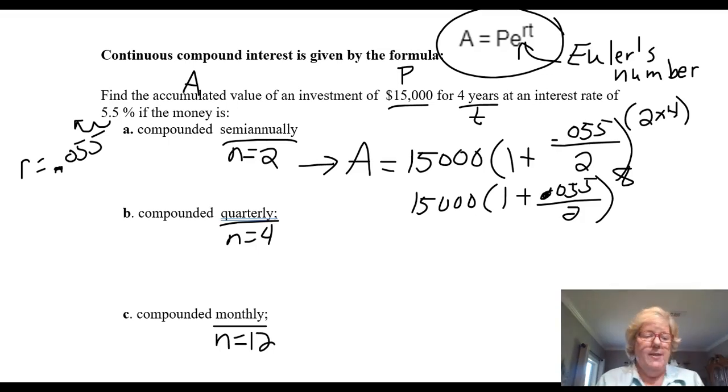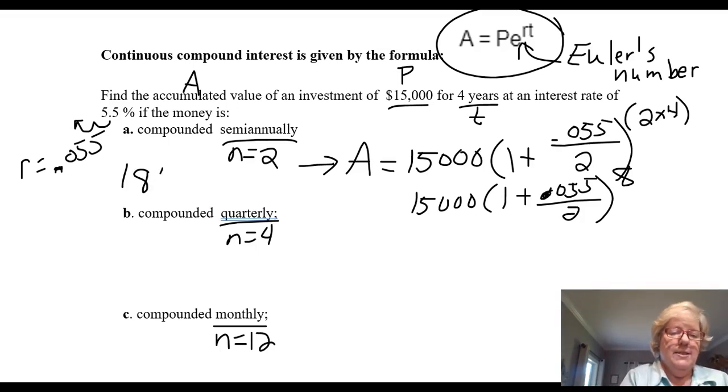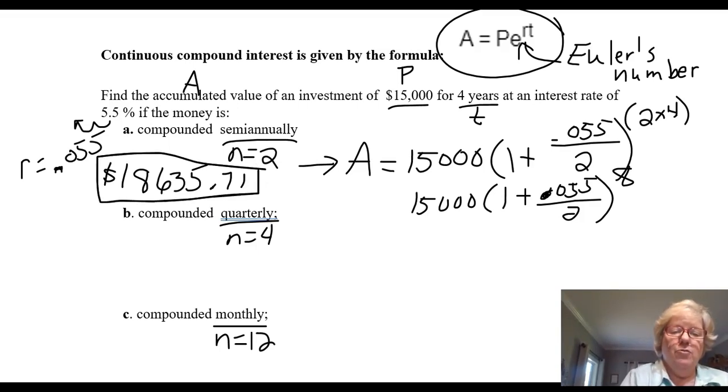And that will give me the answer of $18,635.71. So my $15,000 raised $3,635.71 in interest. Now let's do the next problem.